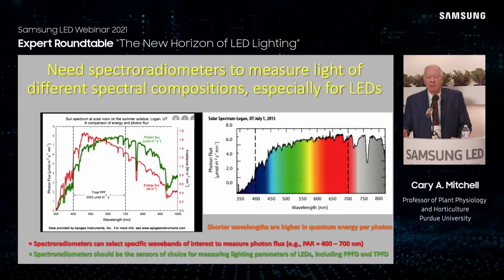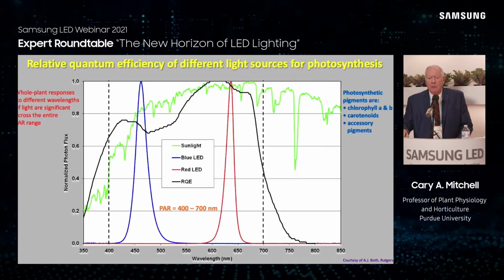And you can see for the sunlight, the green is pretty uniform across the 400 to 700 nanometers. So going from blue to green to red, and then beyond that, there's still quite a bit of far red light. Now, this is midday solar light, but the red is the energy. And you can see that the most energetic wavelengths in the PAR start with the blue, and come down through the green, the red, and the far red.